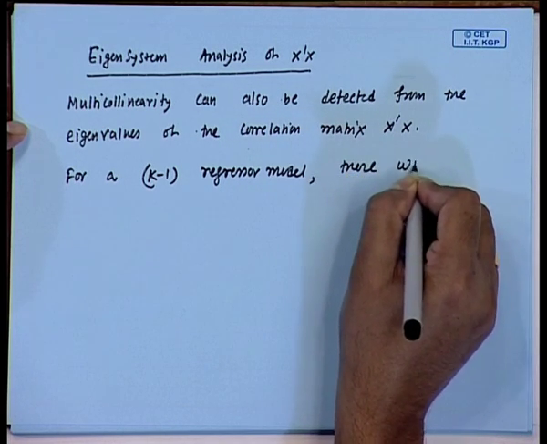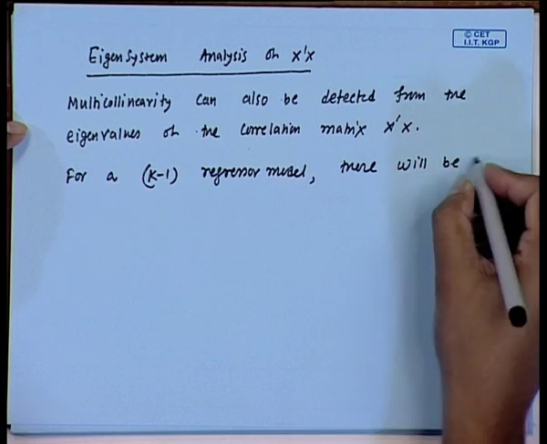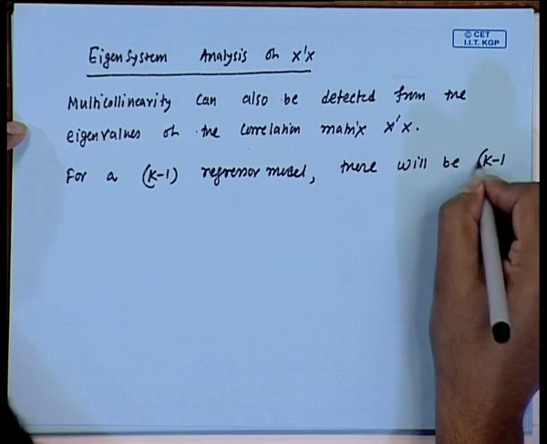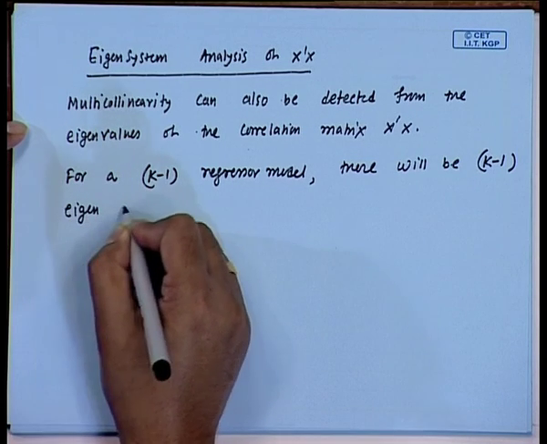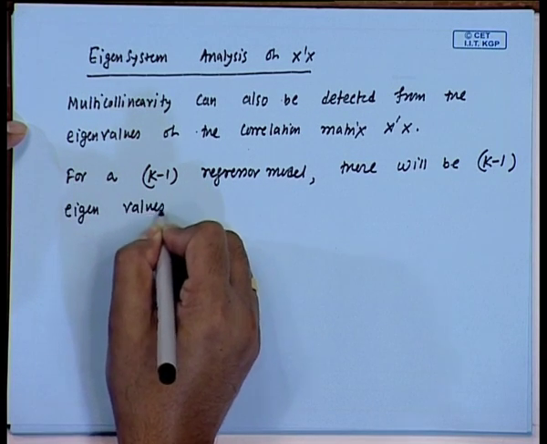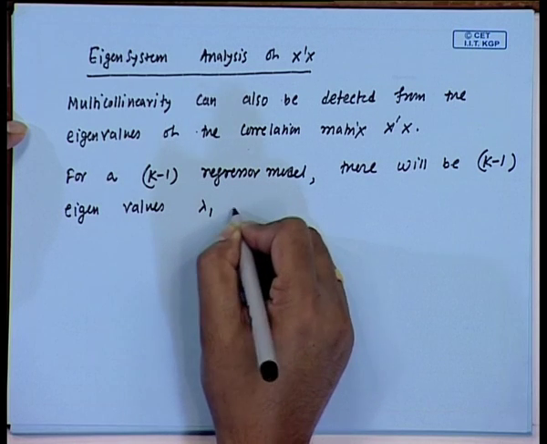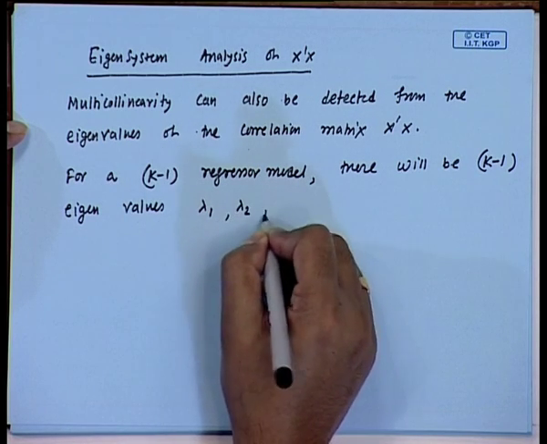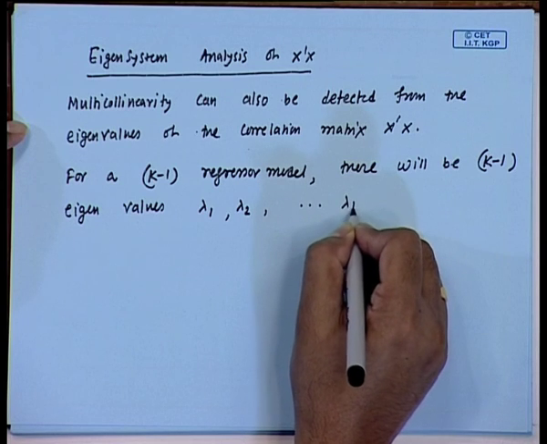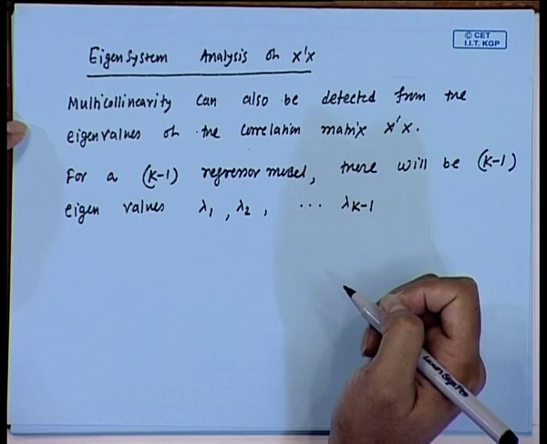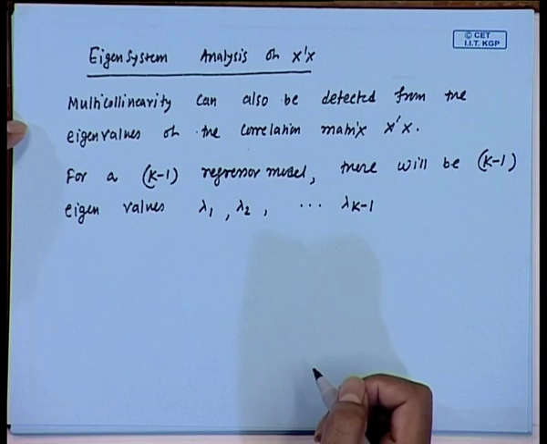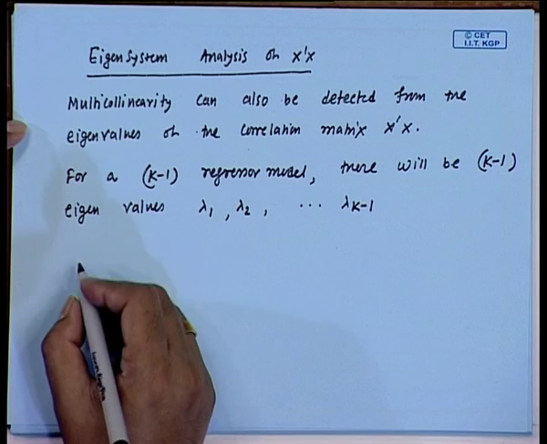There will be k minus 1 eigenvalues, say lambda 1, lambda 2, up to lambda k minus 1. Okay.